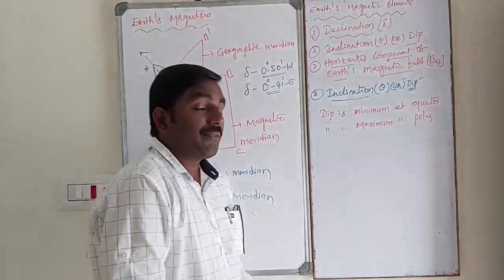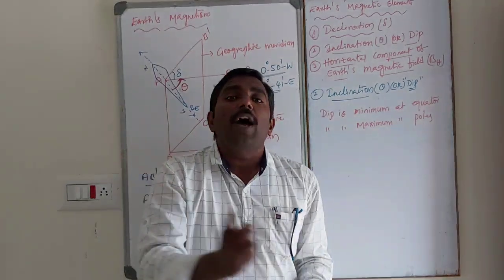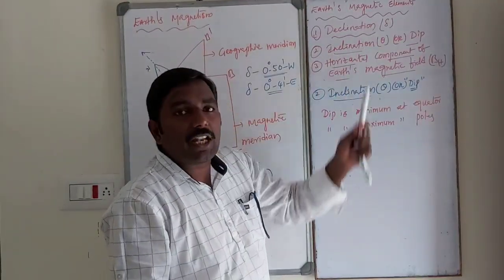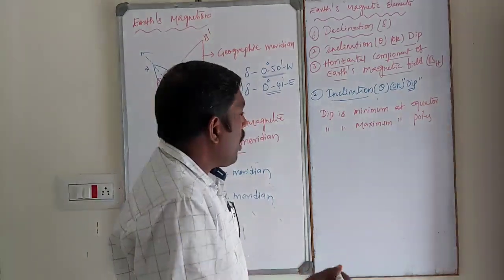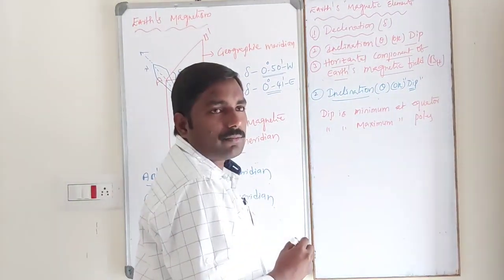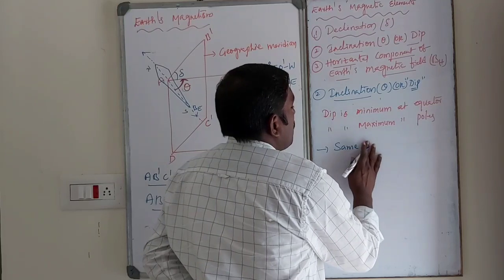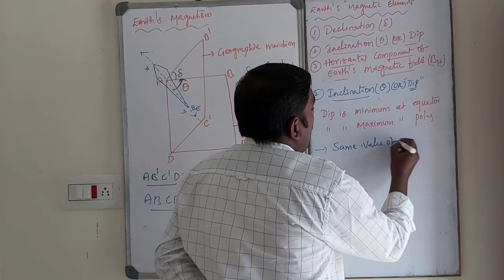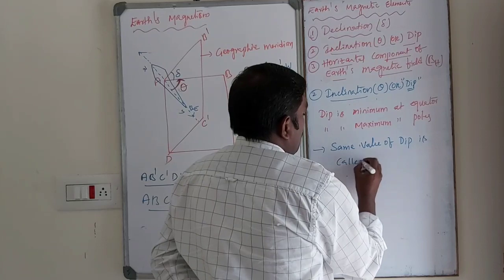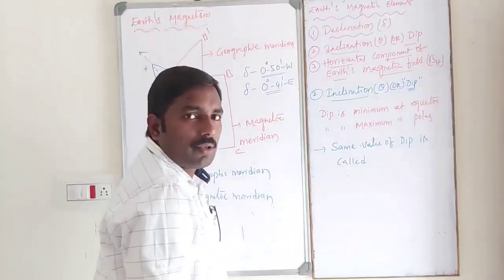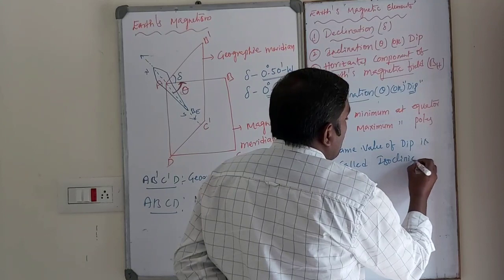The line drawn on the world map which is passing through the same value of inclination is called, see, same value of dip is called isoclinic lines అంటారు.